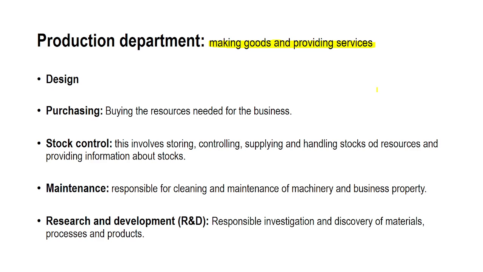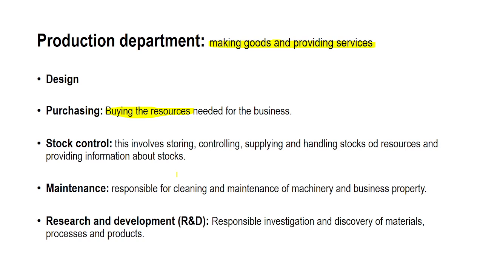Second, purchasing of raw material or buying the resources that are needed for business. Next is stock control. This involves storing, controlling, supplying, and handling stocks of resources and providing information about stocks.